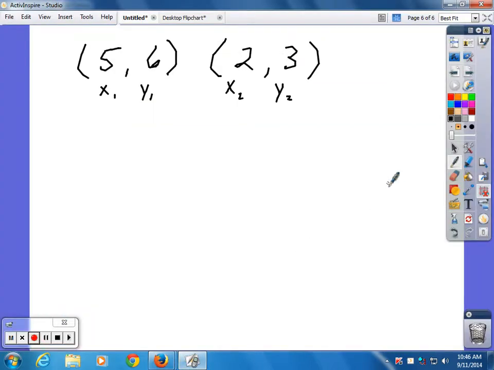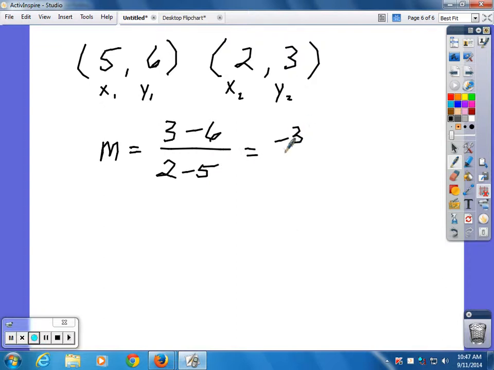All right. So, M is equal to 3 minus 6 over 2 minus 5. 3 minus 6 is, and 2 minus 5 is, so our slope is what? 1.